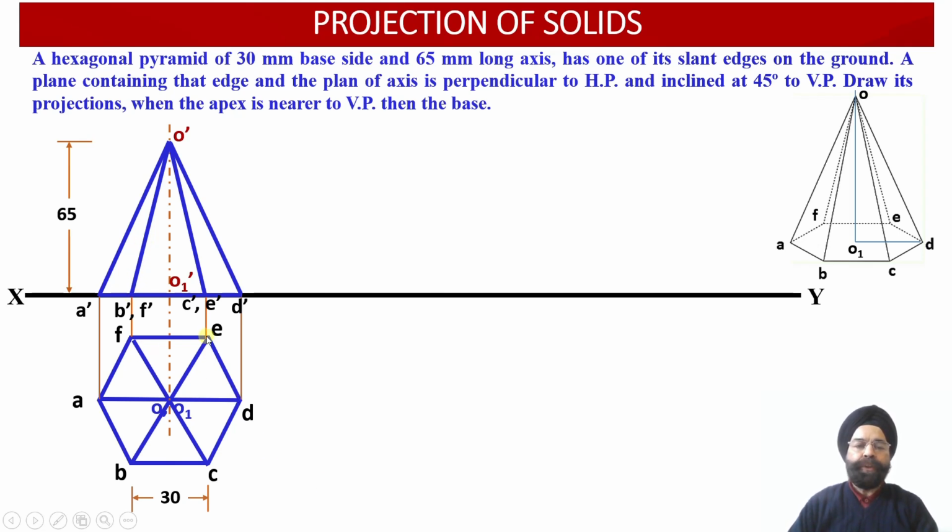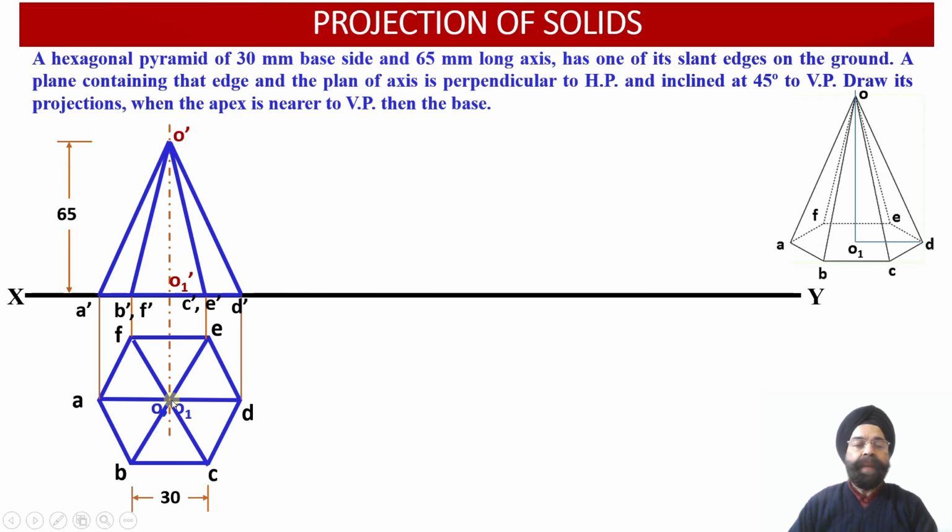Similarly, the projection corresponding to the edge OE is lying on the rear side of the hexagonal pyramid as it is viewed by the observer from this direction, so the front view projection of the slant edge OE, that is O dash E dash, similarly should have been drawn with the help of dotted line or hidden line projections over here.